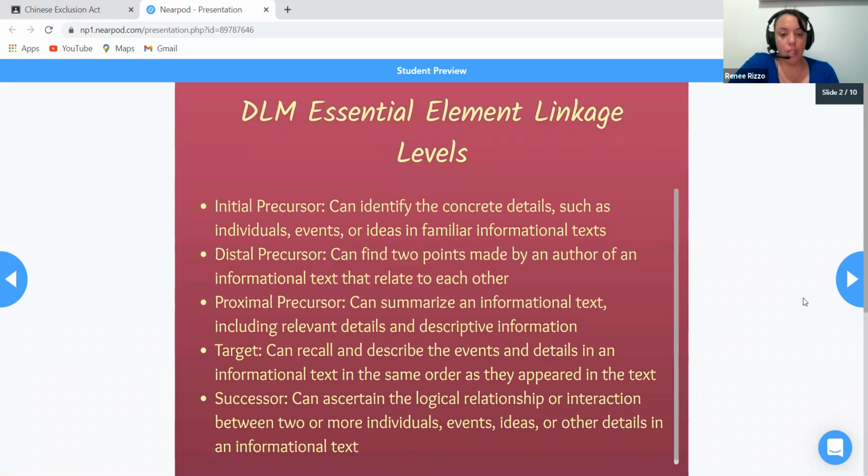Target: can recall and describe the events and details in an informational text in the same order as they appeared in the text.